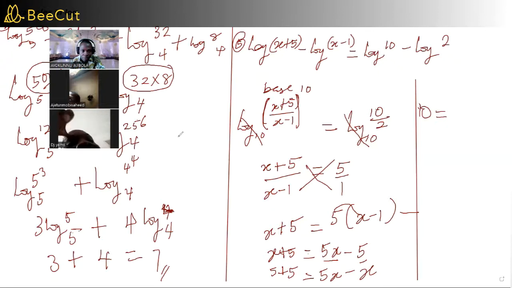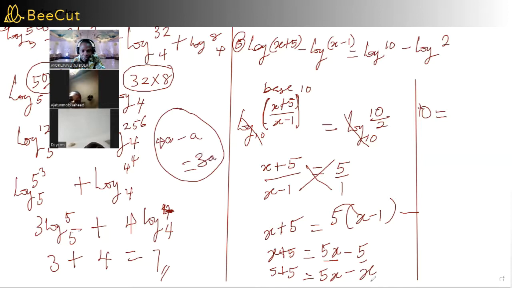Let's assume you have 4 apples minus 1 apple. How many apples do you have? 3 apples. So what is 5x minus x now? 4x, not 4, but 4x. So when you have 4x, you now say 4x equal to 10.